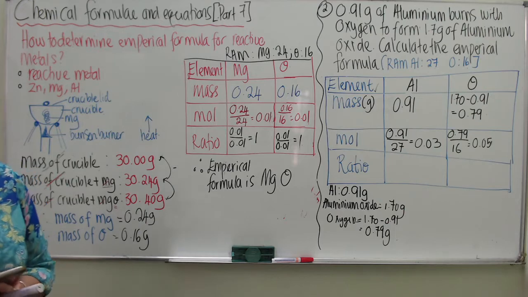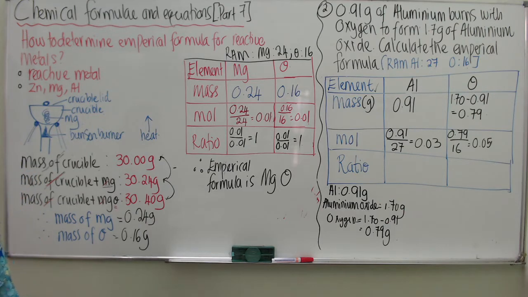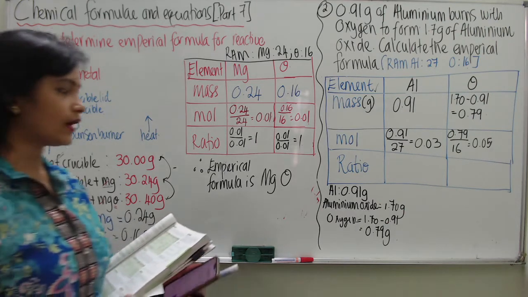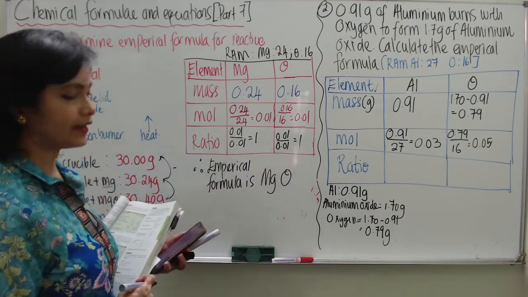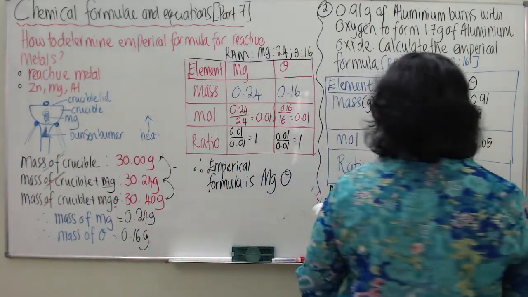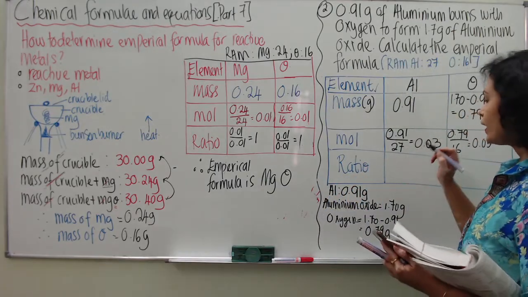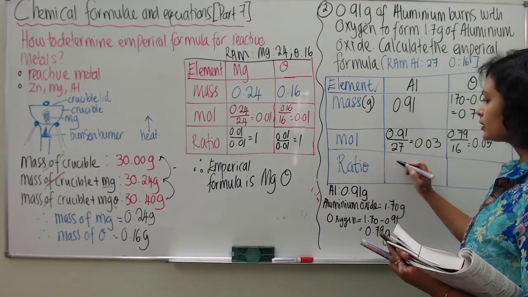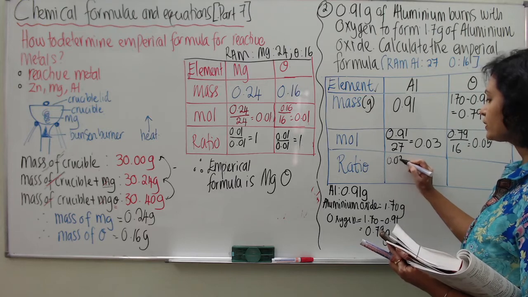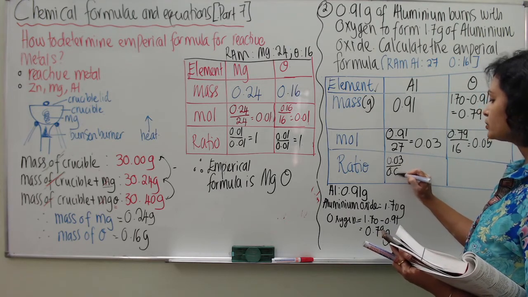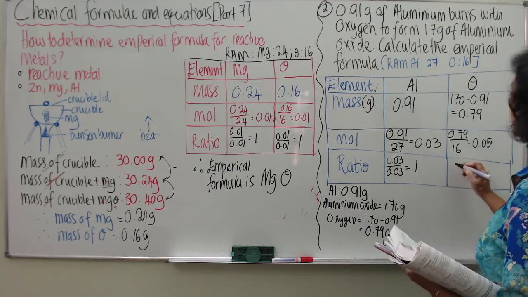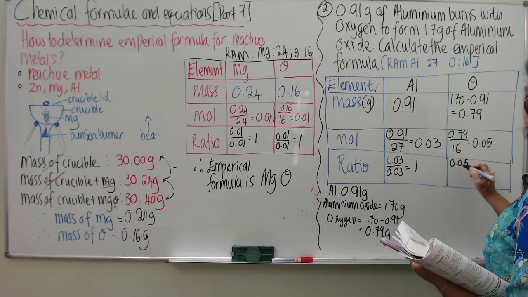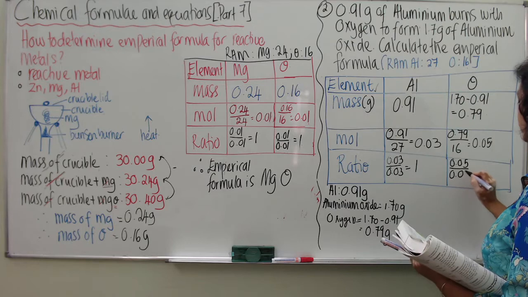Now, let's look at the calculation. Can you see that the calculation is not as direct and not as beautiful as this? So, roughly, that is the reason why we find the ratio of 0.03 with 0.03, we get 1, and 0.05 with 0.03.